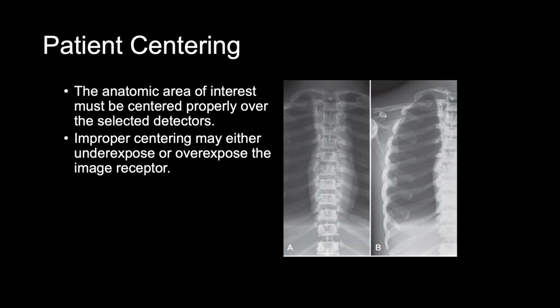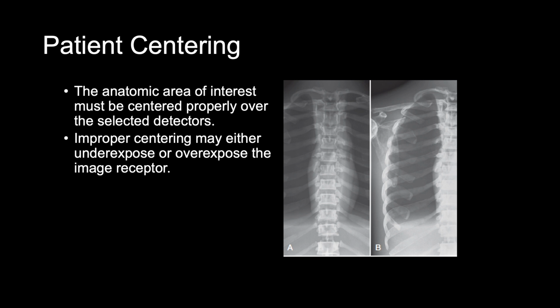Accurate centering of the area of interest over the detectors is critical to ensure proper exposure to the image receptor. If the area of interest is not properly centered to the image receptor, over or underexposure may occur. Shown in this figure here, this is centering.